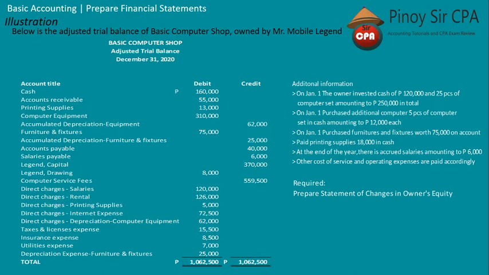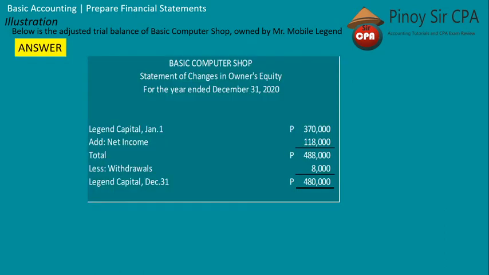Or do you get the same? Parehas po, sir. 480,000 din. Any other answer? Okay? So kung wala, let's reveal the correct answer.